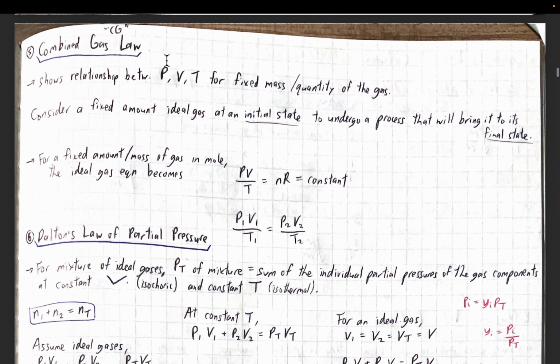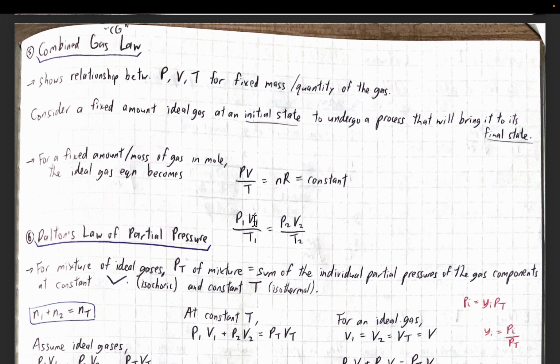Now we have the combined gas law. It basically shows the relationship of P, V, and T for a fixed mass or quantity of the gas. Coming from PV equals nRT, we transpose T to the left side, no? So it becomes PV over T equals nR.